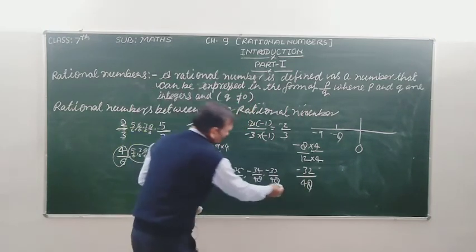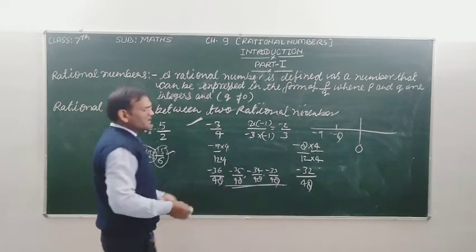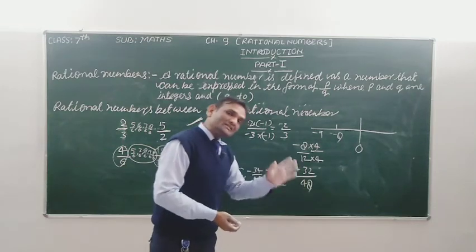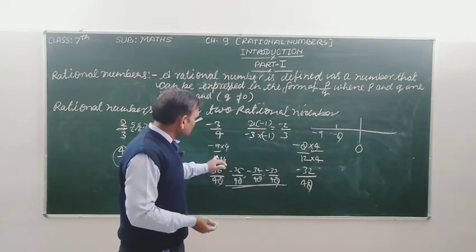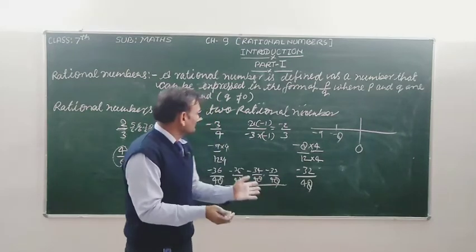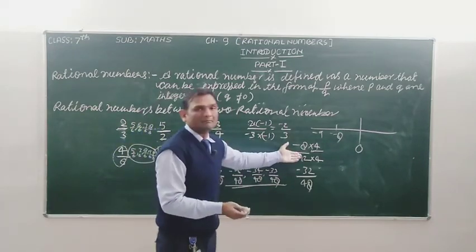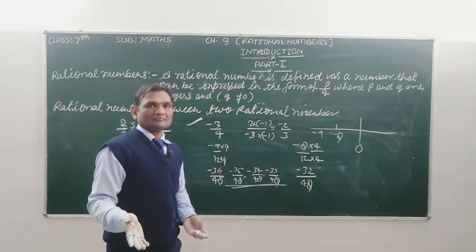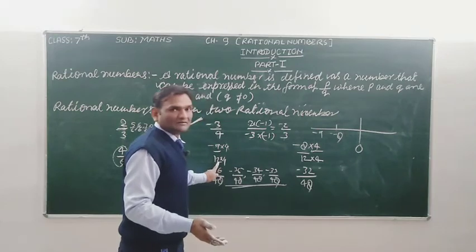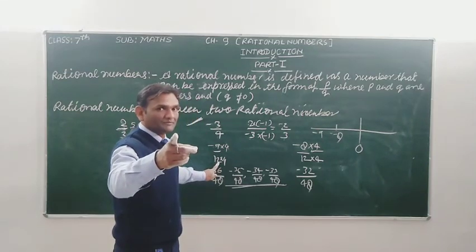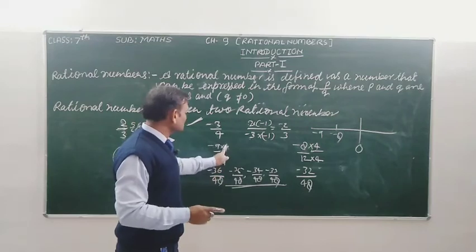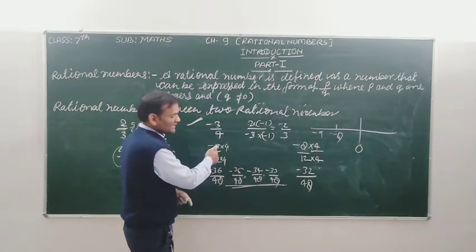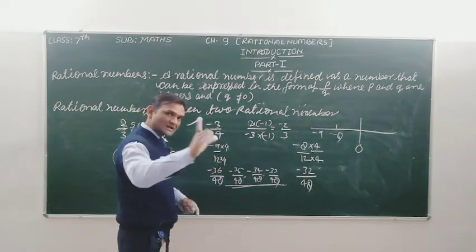In this way, we can find many rational numbers between two rational numbers. If the first time, by making the denominator same, you find no rational number between the two rational numbers, then you can multiply by any number in numerator and denominator, but by the same number, not by different numbers. If you multiply by 4 in numerator and by 5 in denominator, that is wrong.